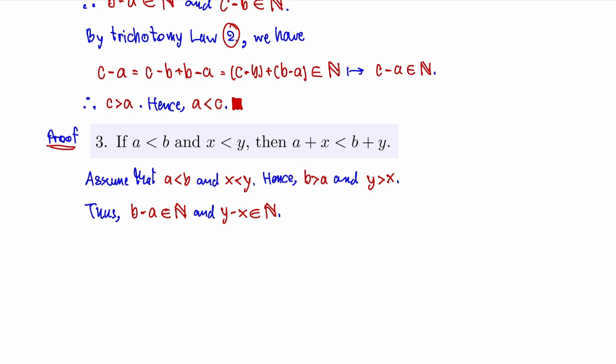But we want to prove the inequality A plus X less than B plus Y. So we have to show that B plus Y is greater than A plus X first, right? So let's start with this.